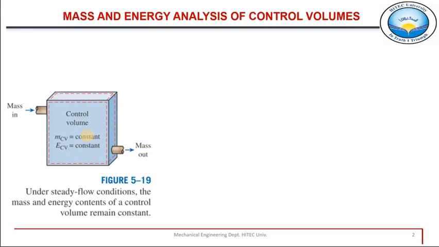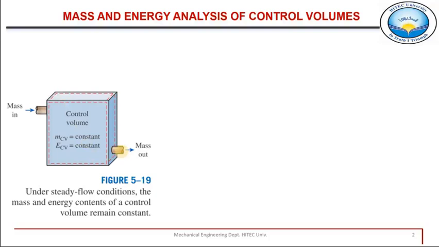Similarly, this control volume could be a nozzle where velocity increases from inlet to outlet. It could be a boiler or a condenser. Any such device in which there is a continuous flow of mass entering and the same flow leaving. There could be more than one inlet and more than one outlet.